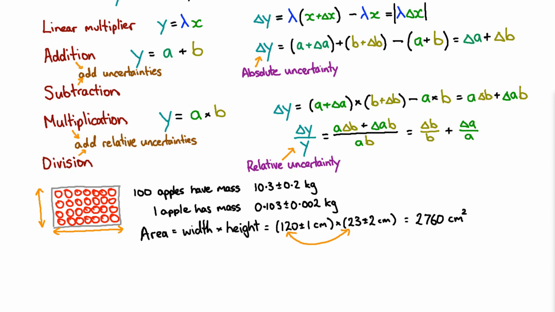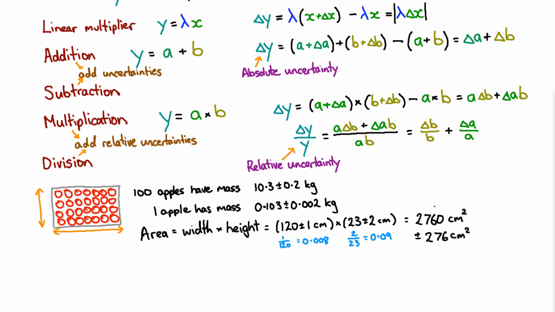So the relative uncertainty in this quantity is 1 centimeter divided by 120 centimeters, which is 0.8%. And the relative uncertainty in this is 2 centimeters divided by 23 centimeters, which is a lot larger, which is 9%. So remember, we have to add the relative uncertainties when we're multiplying 2 numbers. And so we add 9% and 0.8%, which rounded gives us 10%. And so our error here is going to be 276 square centimeters.